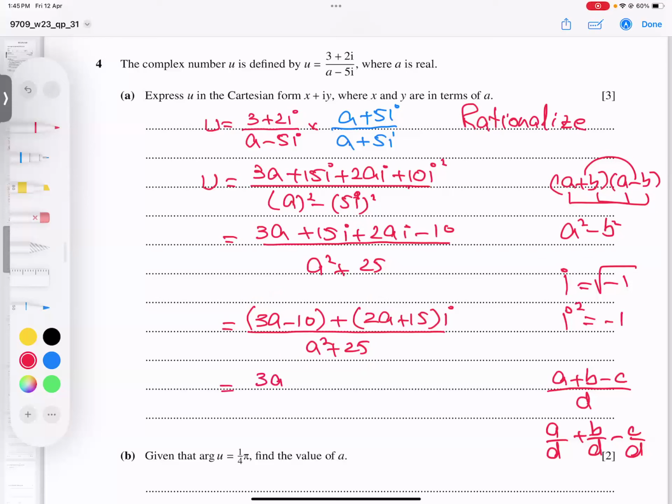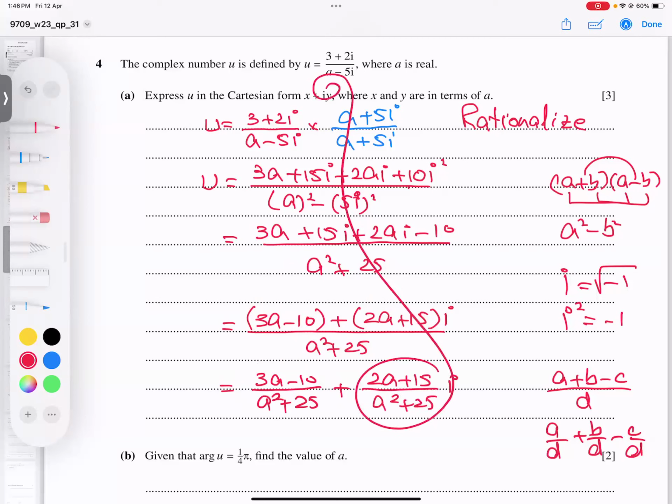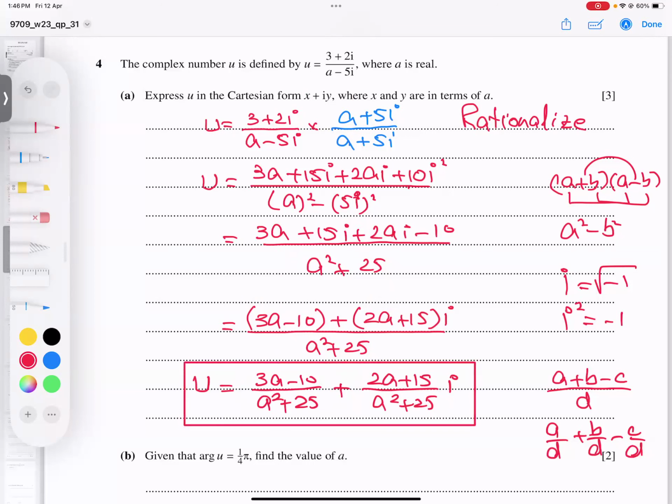So (3a minus 10) over (a square plus 25) is called the real part, x. And (2a plus 15) over (a square plus 25) iota is called the complex part. So Alhamdulillah, this is my final answer, and I believe you got the point. Let's go for the next part.